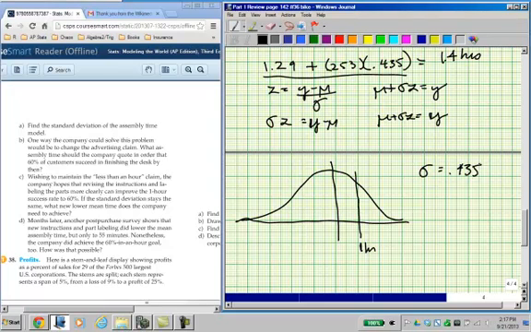So if the standard deviation stays the same, then the mean has got to get smaller. If the 60th percentile is going to be 1 hour, then the mean, which is the 50th percentile, has got to be smaller.